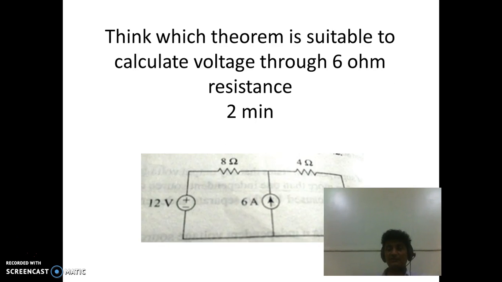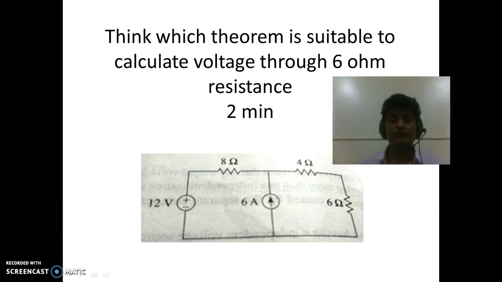Now I have given one example. In this example, we have a circuit containing a 12 volt battery, a 6 ampere current source, and a few resistances. Now you have to think which theorem is more suitable to calculate the voltage across the 6 ohm resistance.